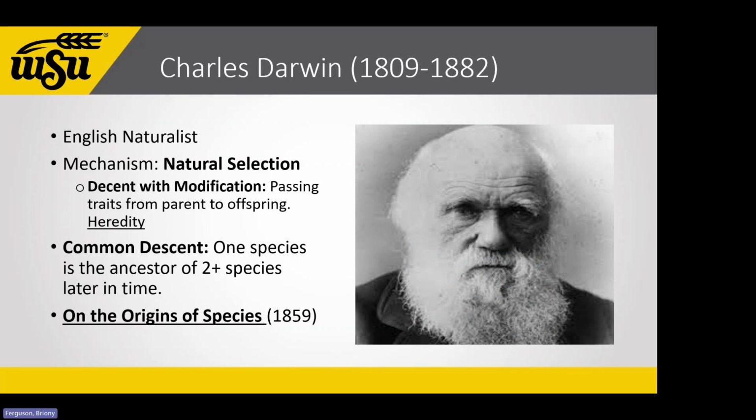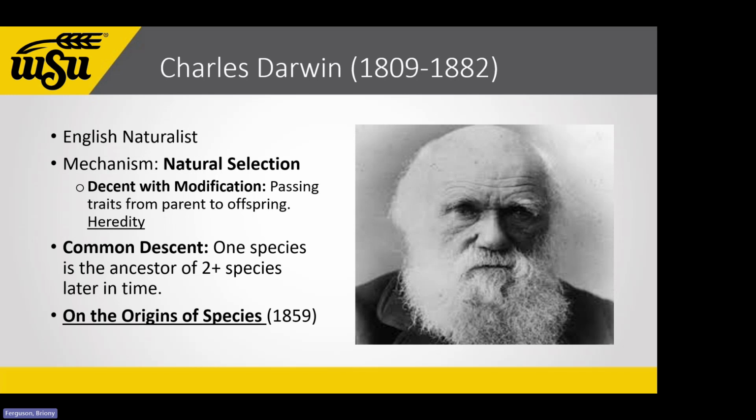Like his grandfather, he was also a naturalist, and through his study of these finches he developed this mechanism of natural selection. He didn't call it natural selection, though. He called it descent with modification, and it was basically the theory that traits can be passed from parent to offspring, which we now call heredity.